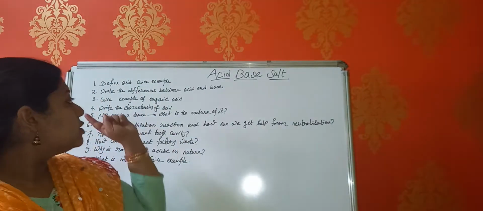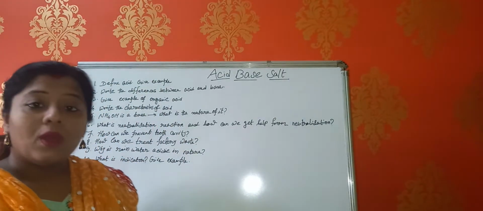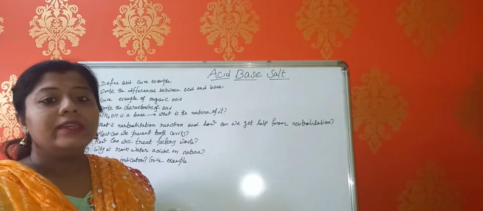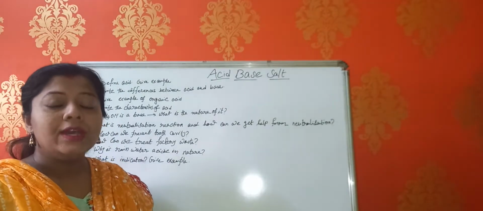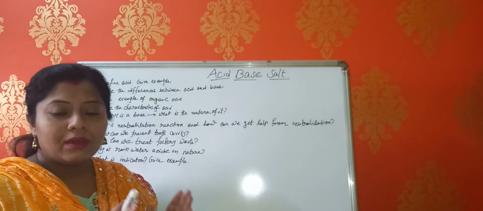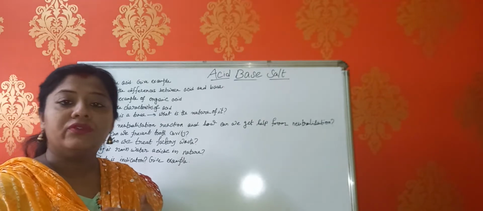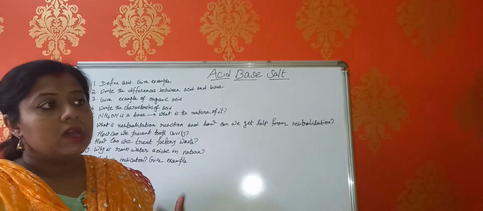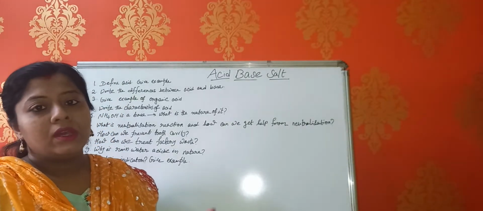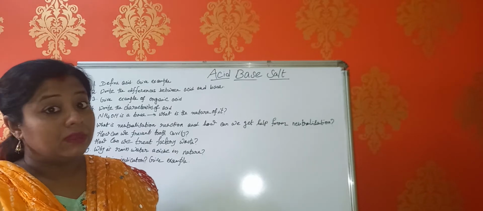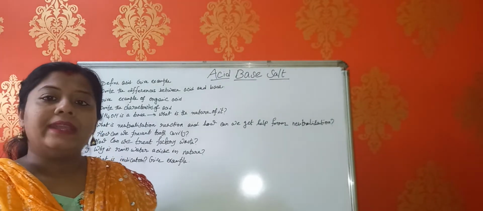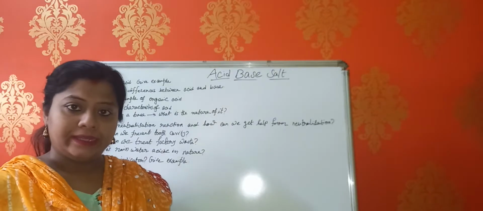Question number one: define acid and give an example. Here, you simply write the definition of acid: it turns blue litmus paper to red. That's all. After that, you can write any example.